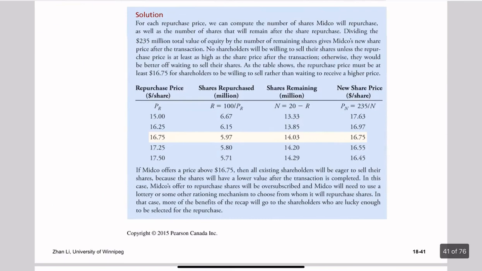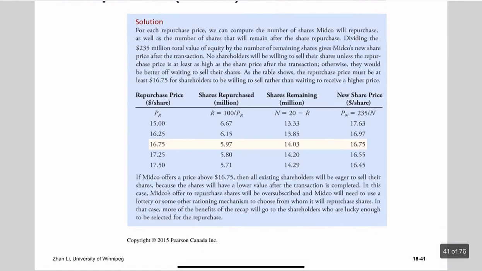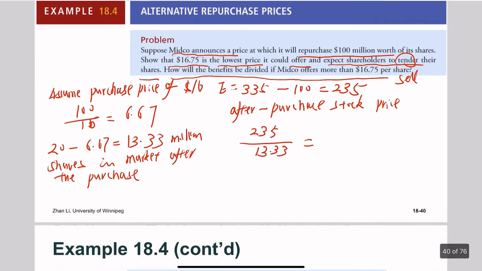I have to use the calculator on my computer. So this is 235 divided by 13.33, which gives us 17.63.